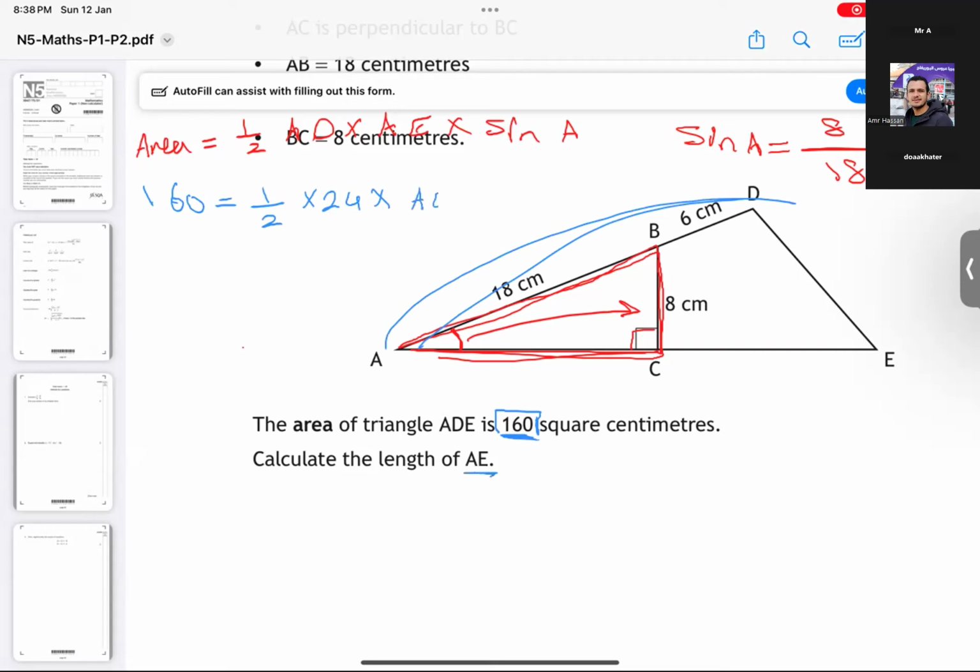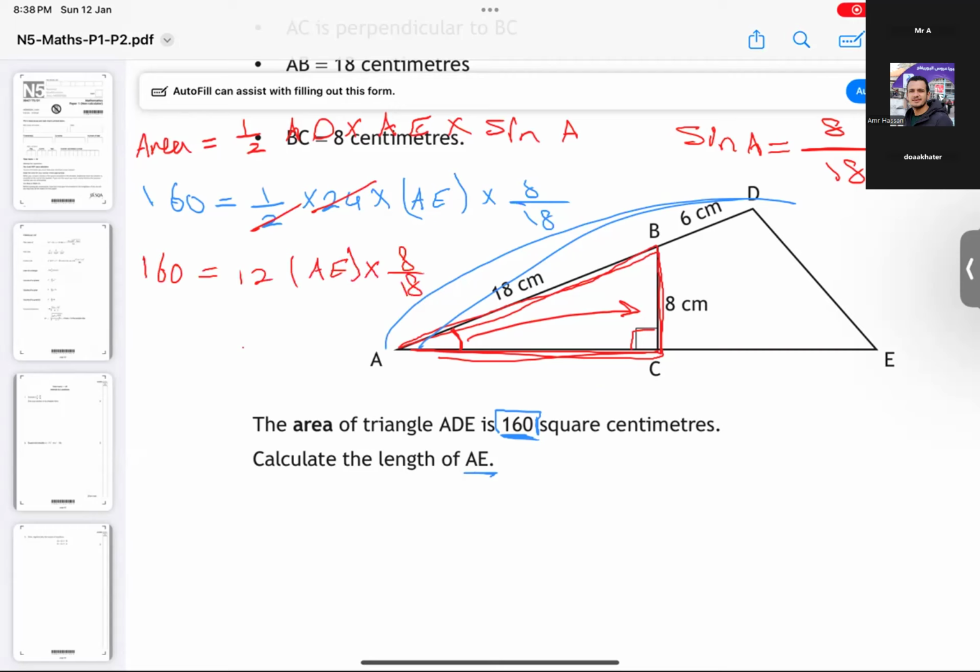So let me write AE multiplied by sine A. What is sine A? 8 divided by 18. Let me write it, 8 over 18, right? The point is, look at this one. 24 divided by 2. Let me write down 160 equals 12 multiplied by AE multiplied by 8 over 18, right?